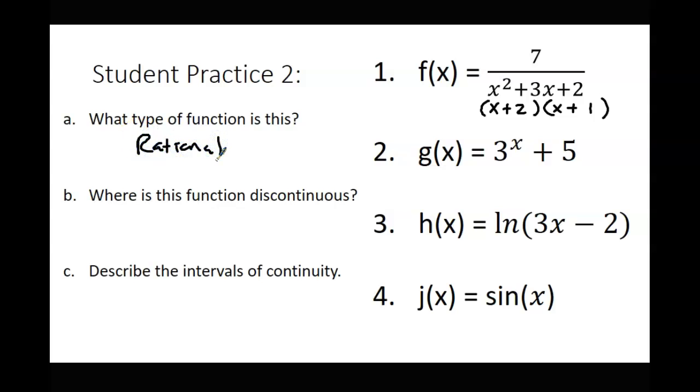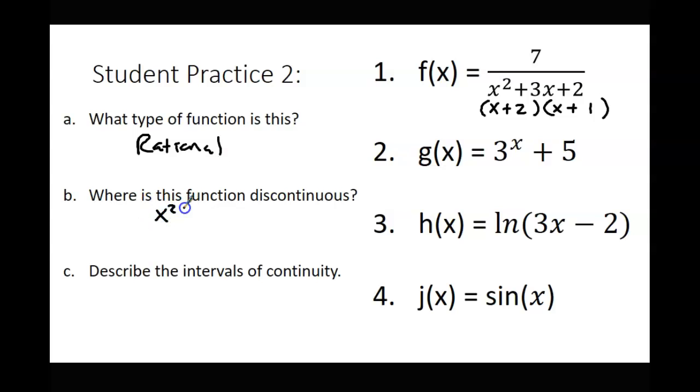Chloe, what were the points of discontinuity on number one? One of those is right.